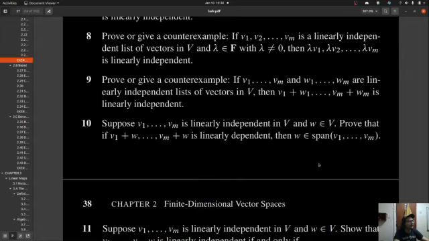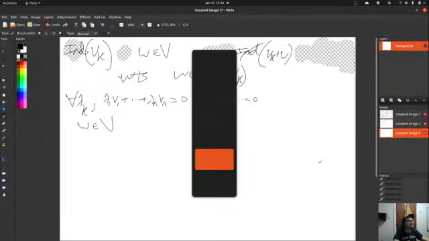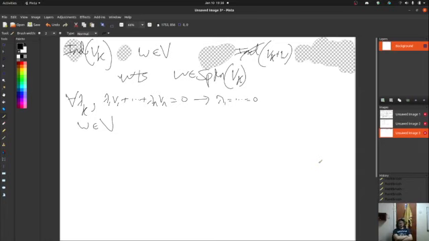What can you do? Want to show. So it means there's some sequence. I mean, I don't know how it's quantified.